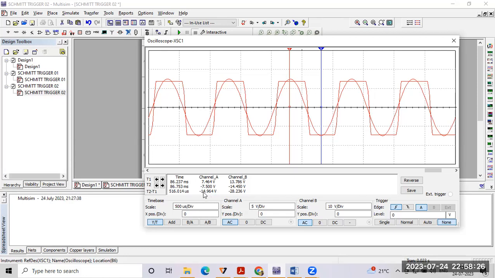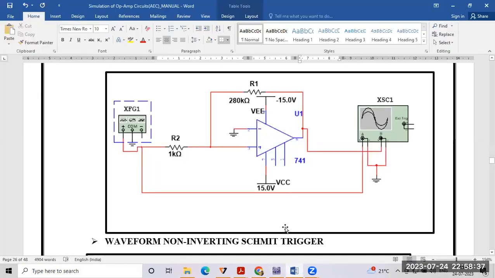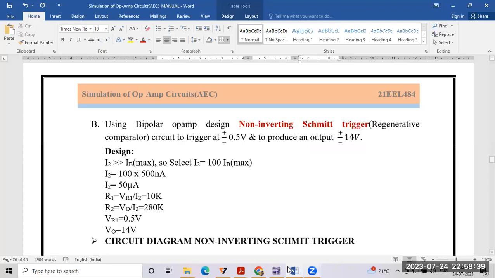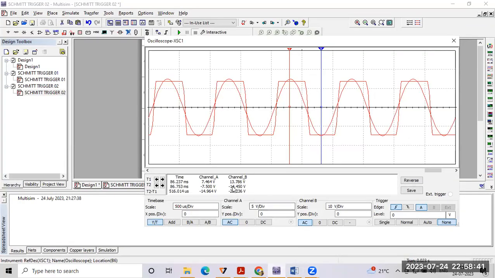Here the input shows 14.9 in Multisim. What is the output? 28. That is plus 14 and minus 14, so the total is 28, nothing but plus or minus 14 only. Exactly correct.